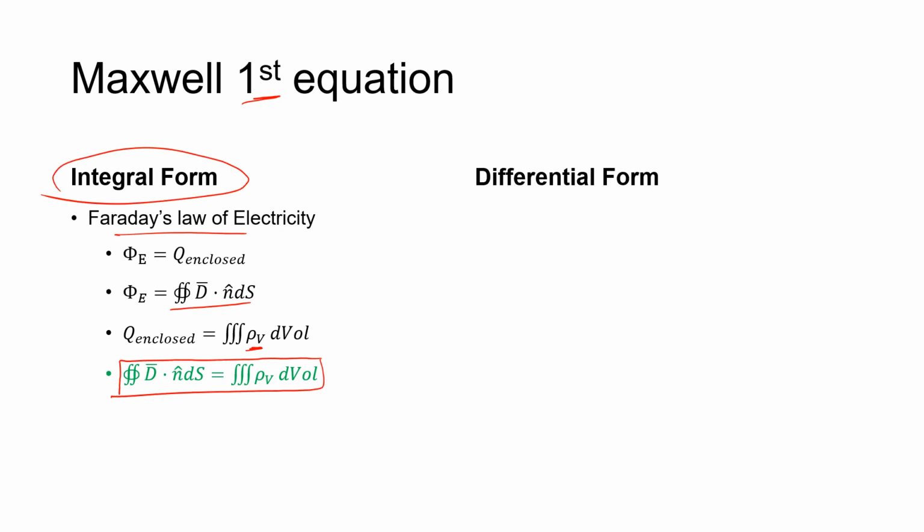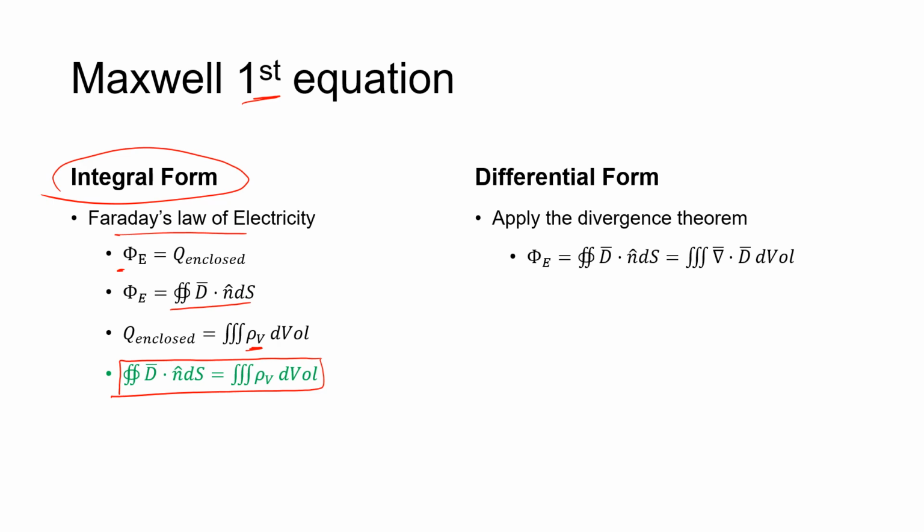Another form is the differential form, which we can get by applying what we have just studied, the divergence theorem, on the flux. So this is just what we have in the previous slide. The double integral D dot n dS equals the triple integral of the divergence of D dV. Then we equate the two quantities.